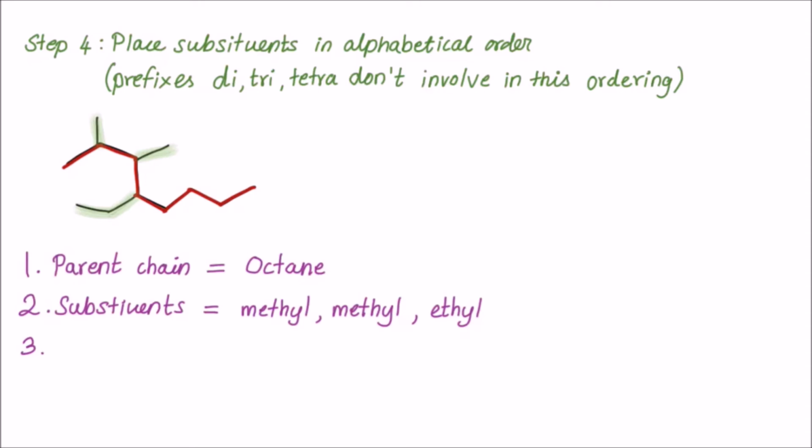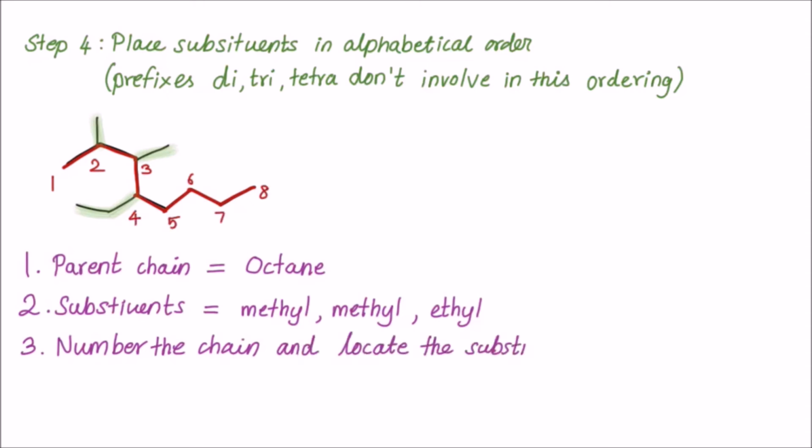So how do you number this parent chain? From left to right or right to left? Correct, left to right. Number the chain so that the first substituent gets the lowest possible number.